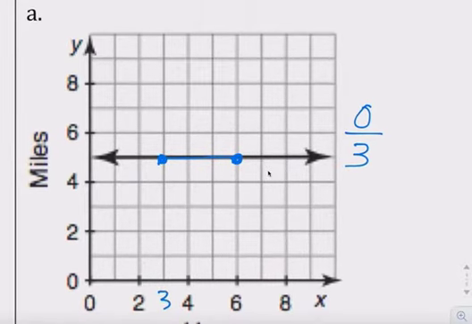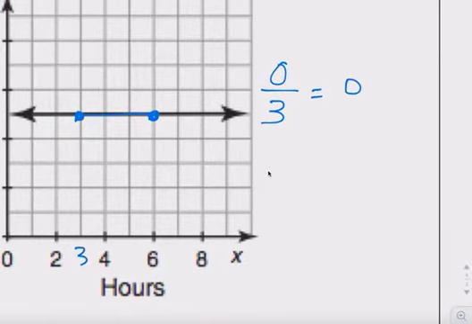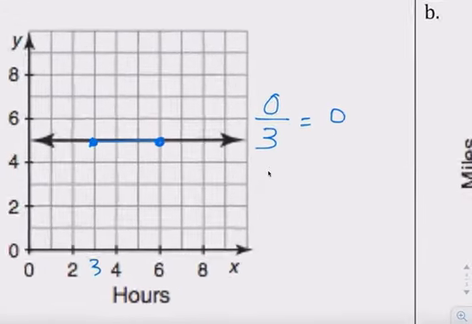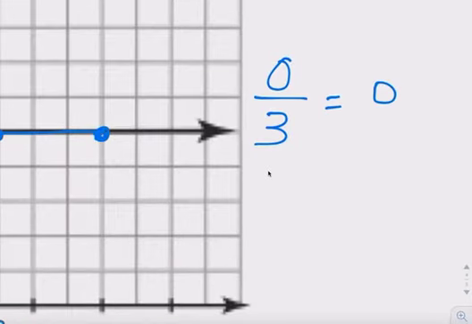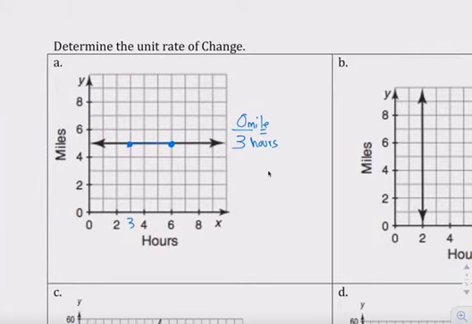Okay, well, put on your calculator 0 divided by 3, you'll get 0. 0 miles for 3 hours. I'll explain that. You went 0 miles for 3 hours.